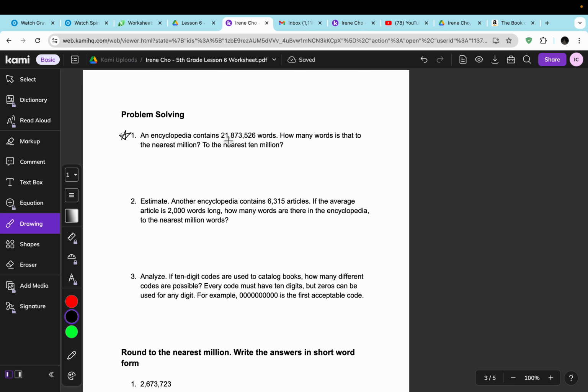So the 1 is the nearest million, and the number afterward is an 8. Since 8 is 5 and greater, it's going to go up. So it'll be 22 million words.